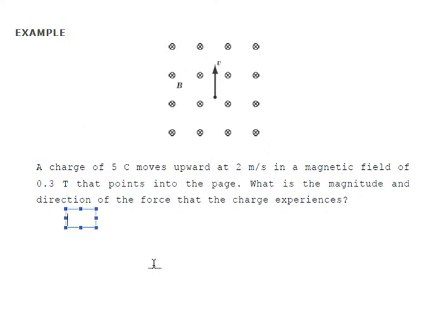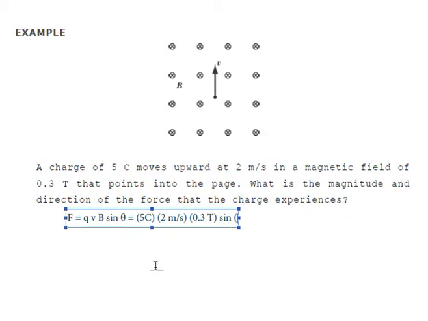So we can figure out magnitude really easily. F equals QVB sine theta. So what's our Q? 5 coulombs. Our V, 2 meters per second. Our B is 0.3 Tesla. And then sine, what's our angle?